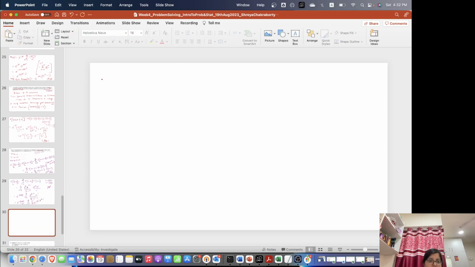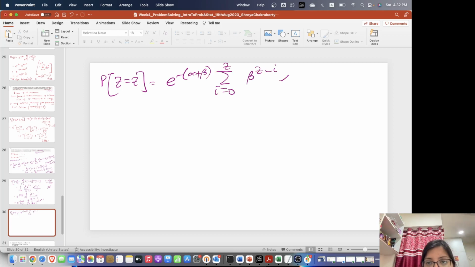So then what we are essentially having is probability Z equal to z. I'll write from the previous one. So we had e to the power minus alpha plus beta, summation i equal to 0 to z, beta to the power z minus i alpha to the power i by z minus i factorial into i factorial.